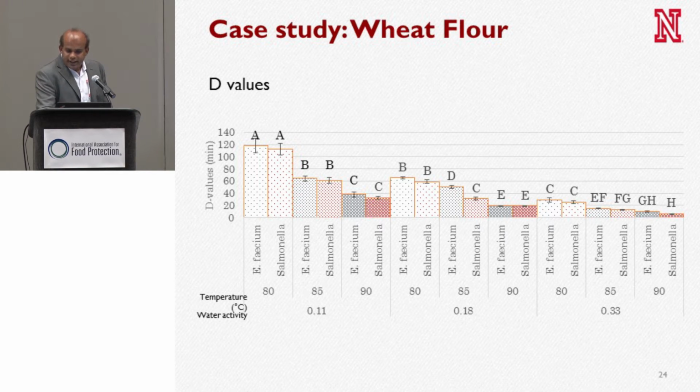You see that Enterococcus faecium is more resistant in all cases and therefore is a good surrogate in wheat flour. You can also use these D values to identify the different time-temperature combinations for the lethality you desire.